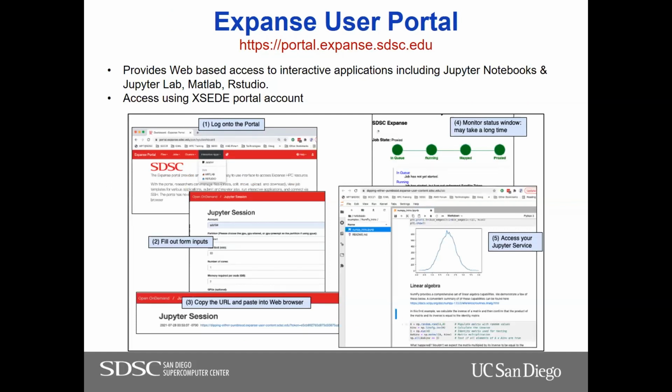Finally, we have the Expanse user portal. Next week, hopefully at the end of our interactive session, you'll have a chance to work on that. The portal is great. It's a web interface to the Expanse computer. I don't know if anybody has, a raise of hands: how many of you know what Unix is and have worked on a workstation through a terminal? Right.